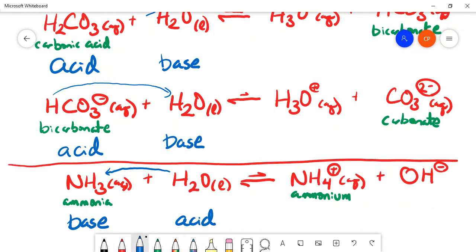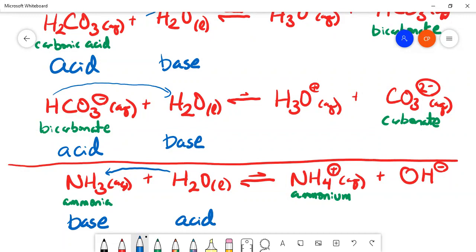So Bronsted-Lowry, in their definition of acids and bases, particularly bases, the Bronsted-Lowry definitions are not here to take your idea of water as neutral and completely undo it. What Bronsted and Lowry are here to do is to say what dictates what is an acid and what is a base is context dependent.